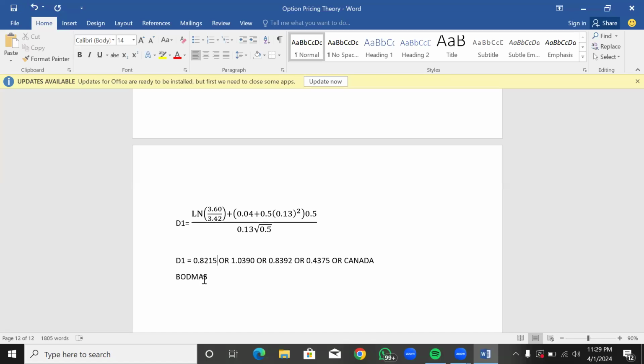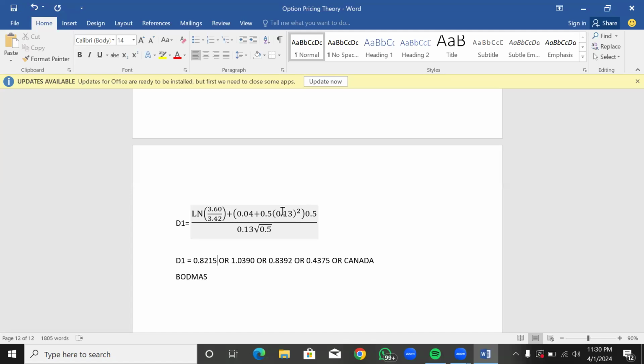So what you will do is look at BODMAS: bracket, division, multiplication, addition, and subtraction. First do this bracket. Do 0.13 squared. You have something like 0.0169. Multiply it by 0.5. You have something like 8.45 times 10 to the power of minus 3.